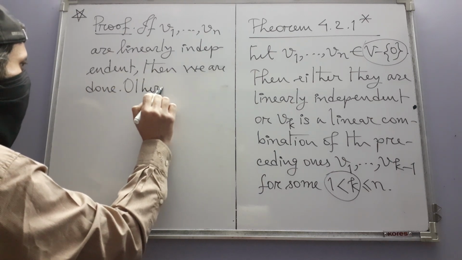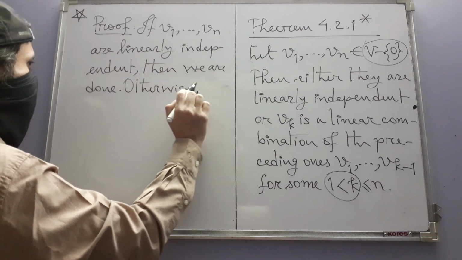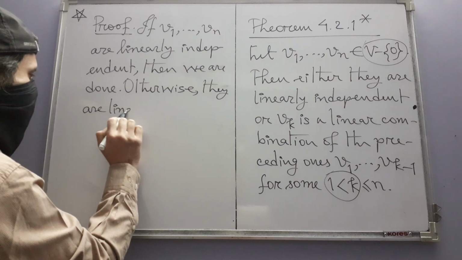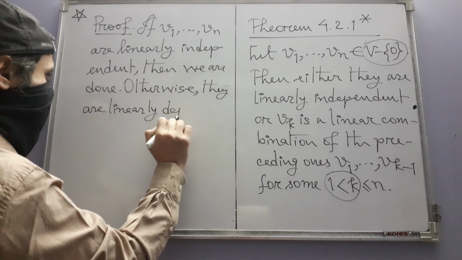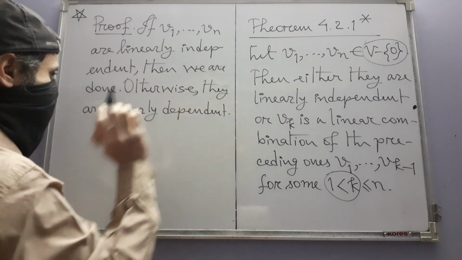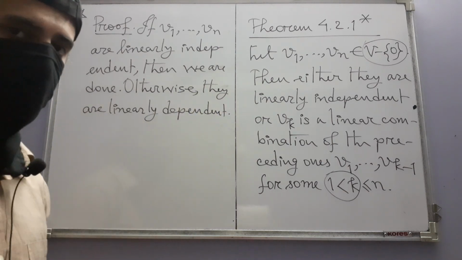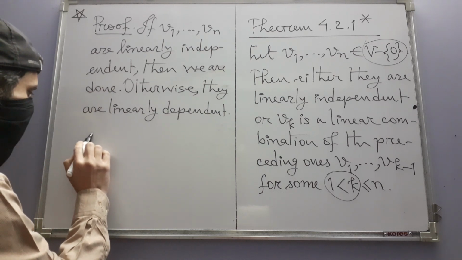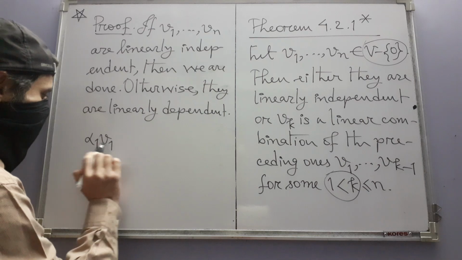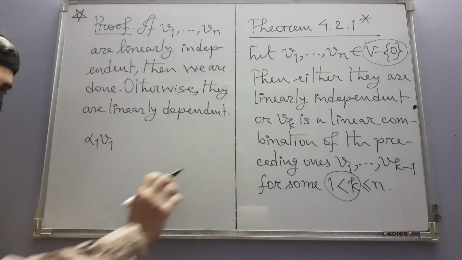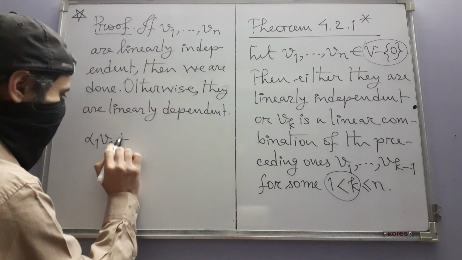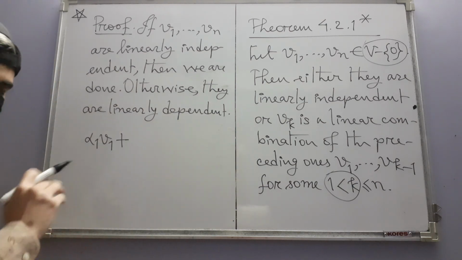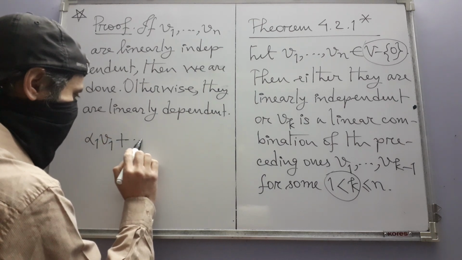Otherwise, they are linearly dependent, and what will happen in that case? As before, there will exist scalars, not all 0, such that, I'm not writing very systematically, okay? I mean, you understand. If you want to write this proof, then you can supply the missing lines and statements. I'm just showing you the main idea.